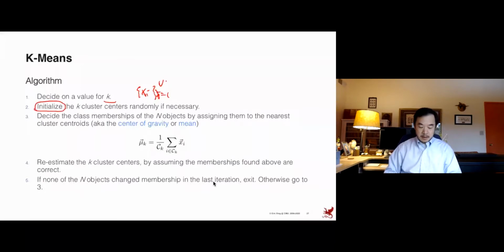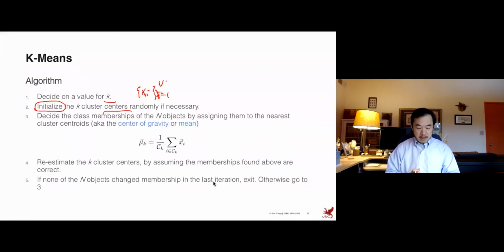You randomly pick either k points from within the data set or k imaginary data points that you just want to plug into the algorithm. These are called the centers, which are randomly initialized. You have two ways, or maybe a combination of these two ways, to initialize these centers.